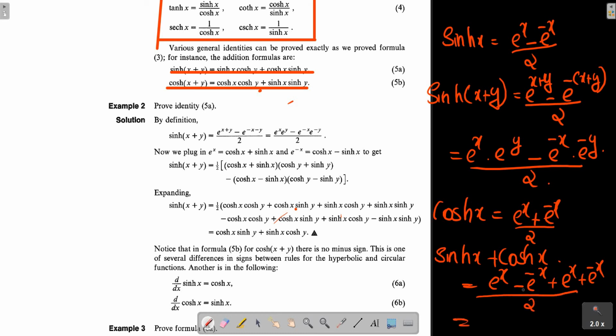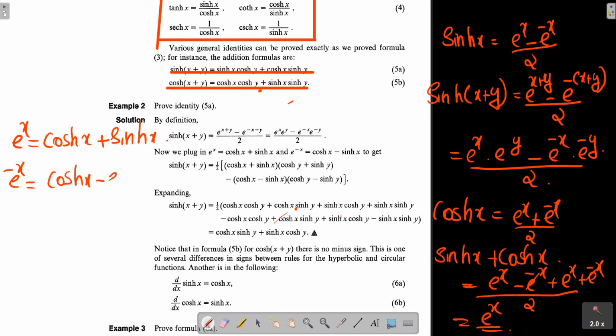You will get the e raised to minus x terms cancelling each other, and e raised to x plus e raised to x by 2 is equal to e raised to x. So that means e raised to x can be replaced by cosh x plus sinh x. Similarly, e raised to minus x can be replaced by cosh x minus sinh x.